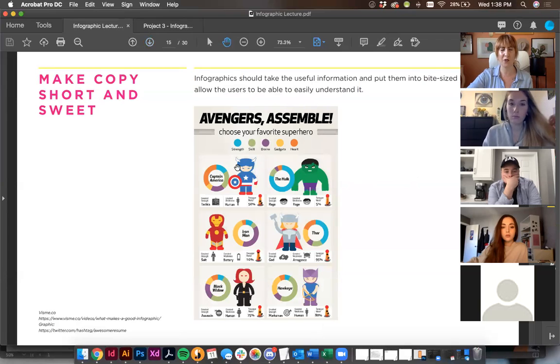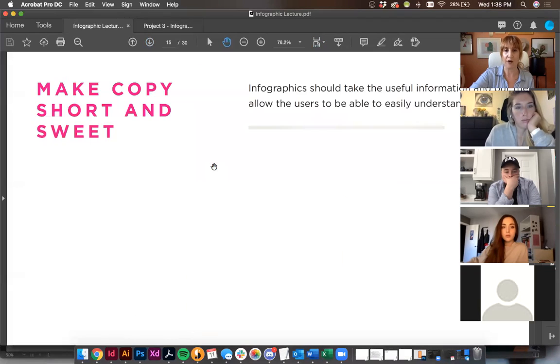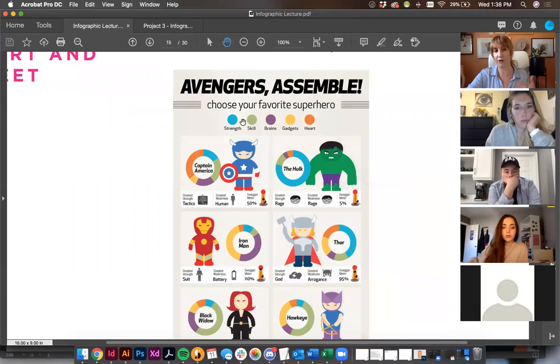I always go and talk about this one as a really good example of effective ways of grouping your information. So this takes 6 superheroes and 5 of their strengths or highlights, and then they've grouped each of those strengths or assets, on a scale of 1 to 10, a pie chart, but then it also goes through their tactics, how much of a human they are, their swagger meter, and their greatest weakness.